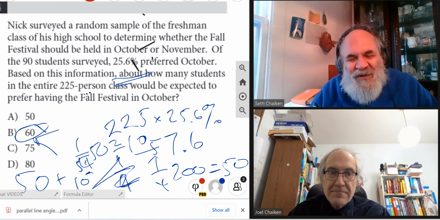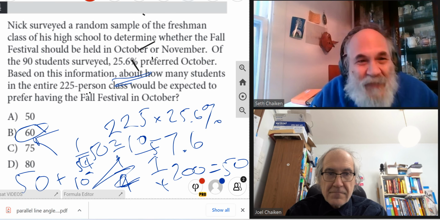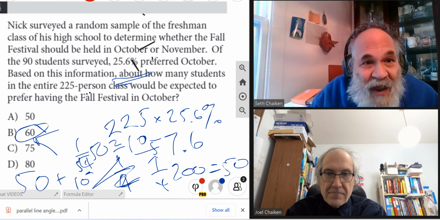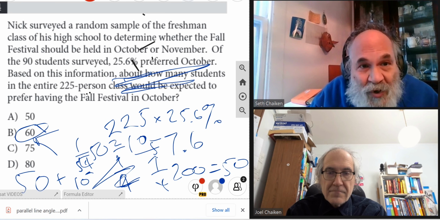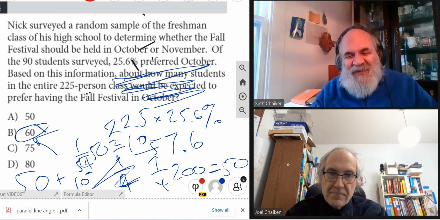If you take a survey and get a percentage of some property, you can answer about how many would be expected by multiplying that percent by the total number of the population.